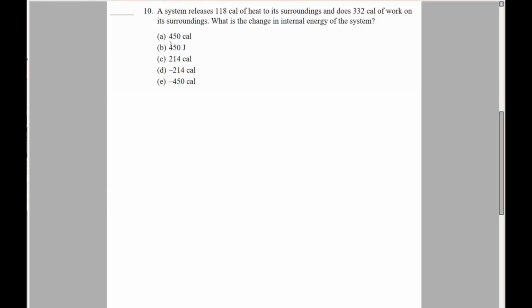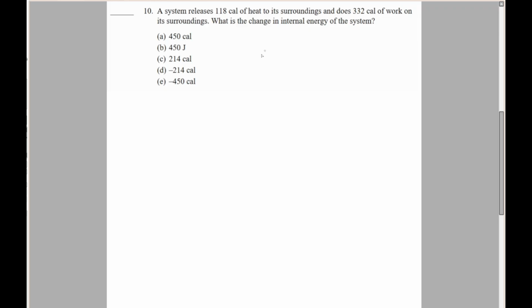Question 10. A system releases 118 calories of heat to its surroundings and does 332 calories of work on its surroundings. What is the change in internal energy of the system? So this problem is basically just addition, but the important part that we don't want to trip up on is the signs.